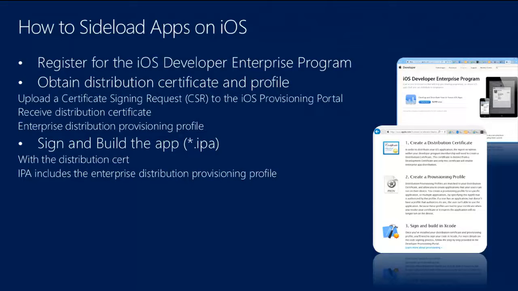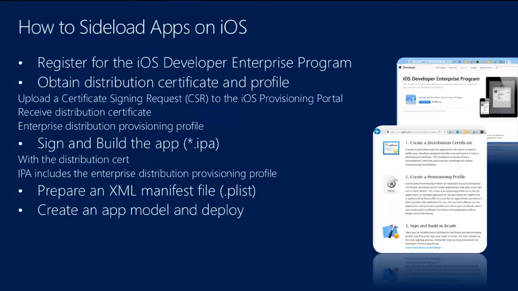You can upload it to the iOS provisioning portal that Apple hosts, and you'll be able to get a certificate that you can use to sign the app. The next step is to prepare an XML manifest for the application. And then from there on, you can go back to the config manager UI and import that application. And it just becomes another deployment type.